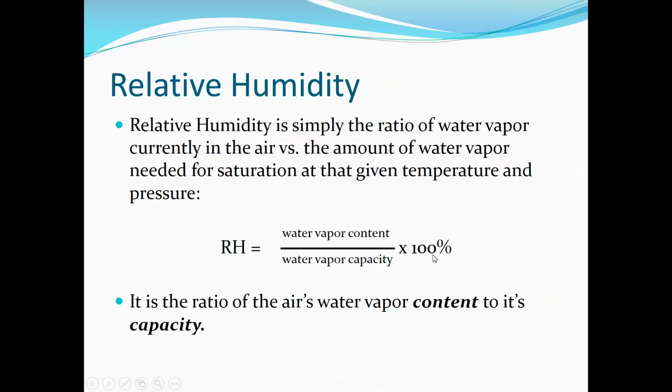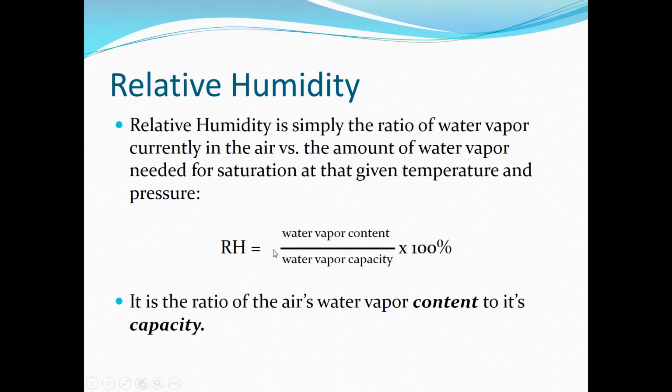So let me explain this really quickly with these two things. Water vapor content is, again, how much water is currently in the atmosphere. You can find this out by finding out what the vapor pressure is. Water vapor capacity, on the other hand, is how much water vapor can be in the atmosphere.